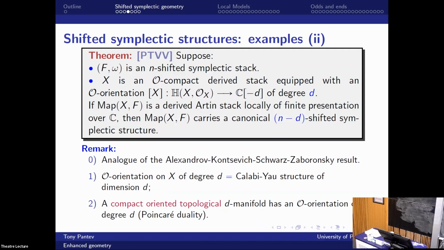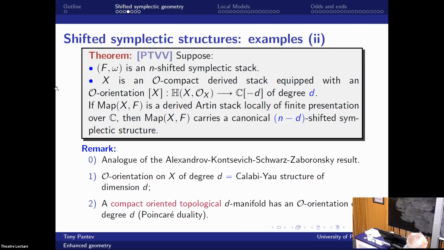So if you have now an n-shifted symplectic stack, and you have an orientable space X, there is some definition of what orientable means. It has to be compact from the point of view of its function theory.